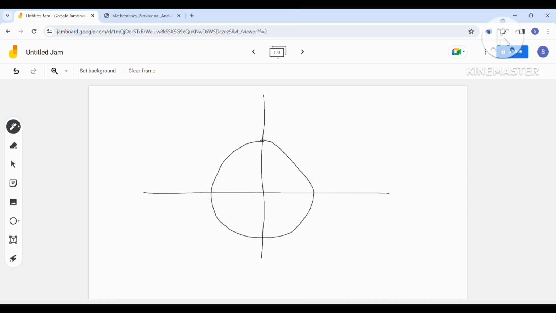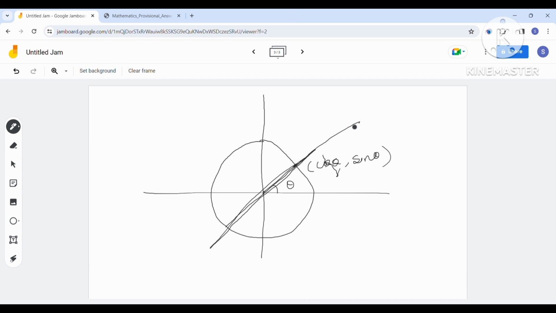Okay, so this coordinate is cos theta, sine theta. Okay, so this angle is theta. So the line passing through the origin means this line.